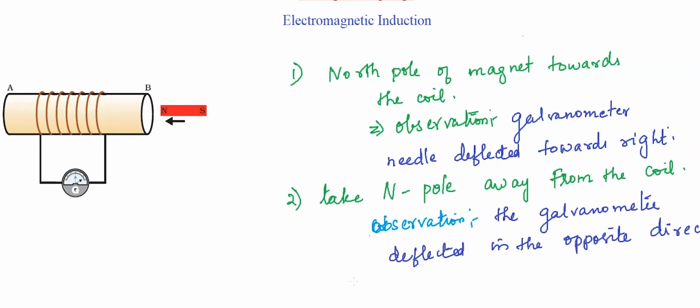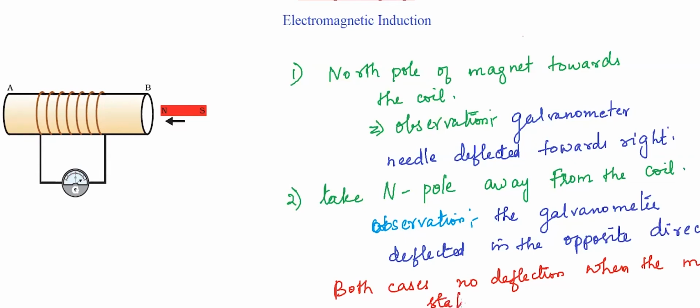So in both cases, there is no deflection when the magnet is stationary with respect to the coil. This is the first two set of experiments.